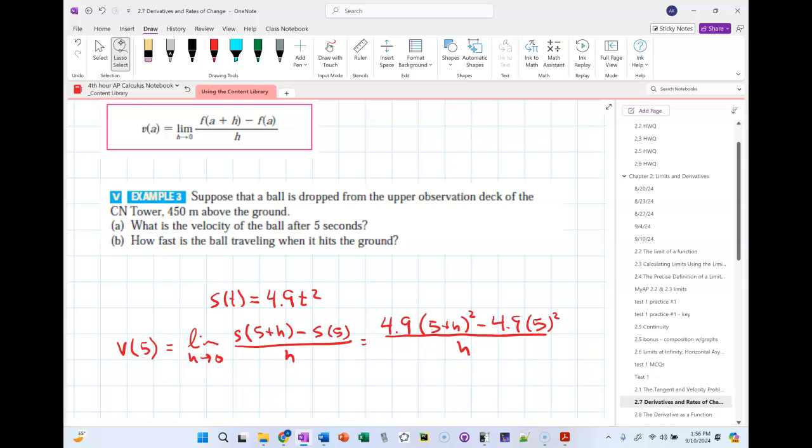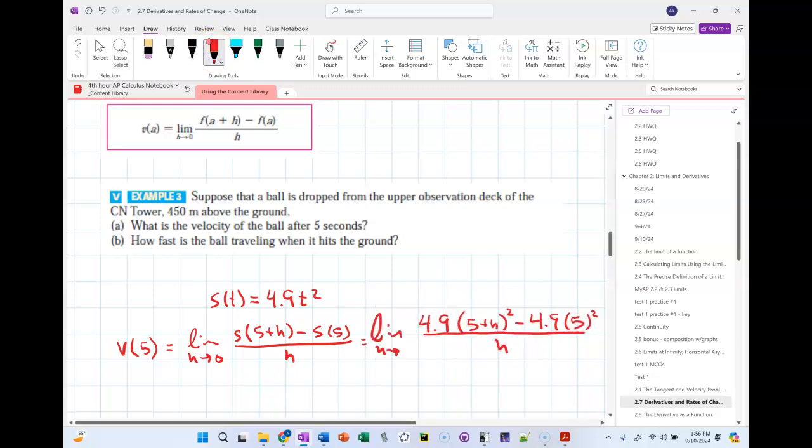Makes me nervous about your test if nobody sees it. I forgot to write limit. Yes. Great job. I need a limit here. I haven't plugged anything in yet. That's a real mistake. Everybody's okay? Okay.